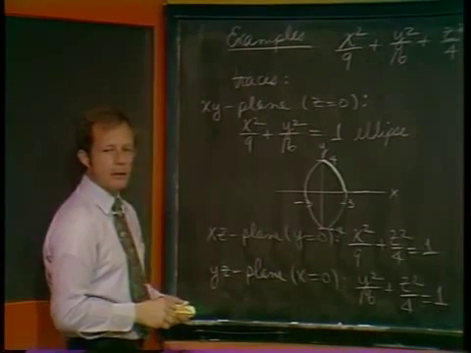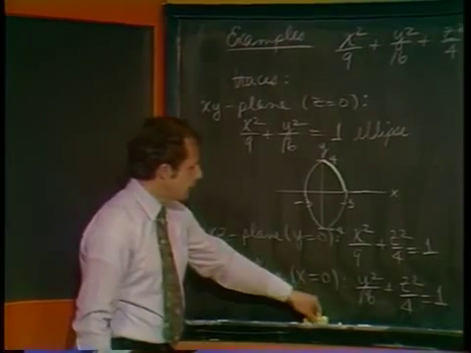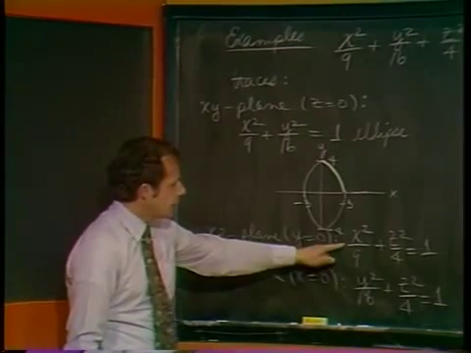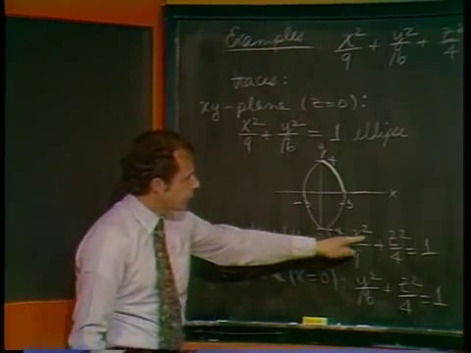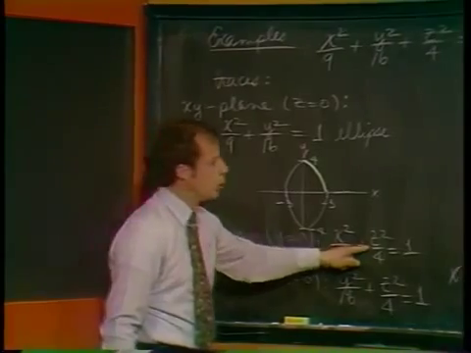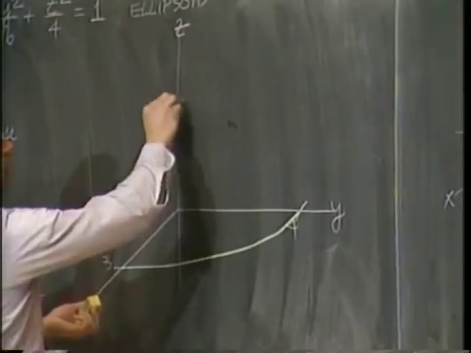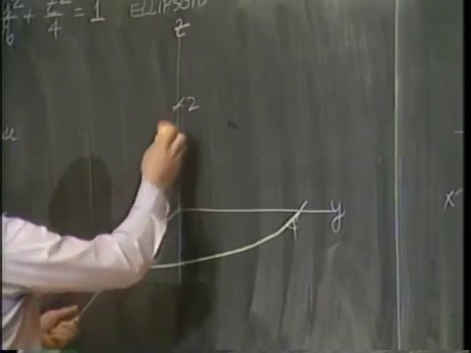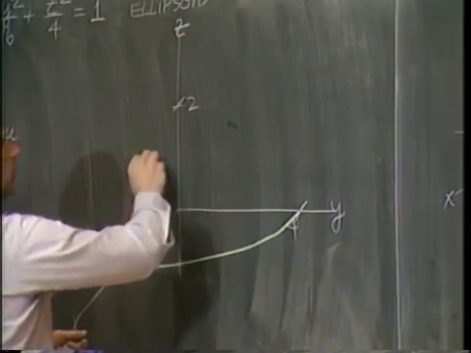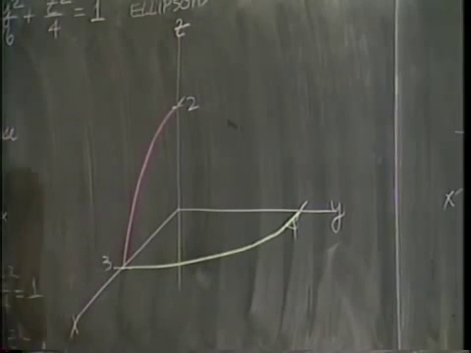Okay, so we've taken care of the trace in the xy plane. In the xz plane, x goes from 3 up to z equals 2, elliptically. And there's a quarter there, a quarter of that ellipse.